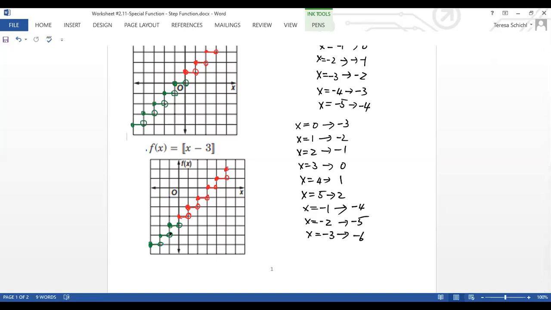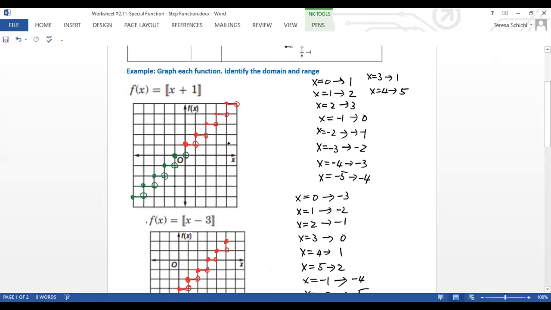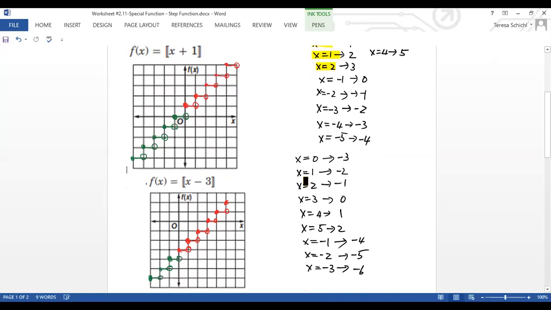So when you try to graph it, you identify the whole numbers first, right? That's why we always say, okay, you start with 1, 2, 3, the whole number, because I know the whole number is the solid. And so the same here, you start with the whole number, right?